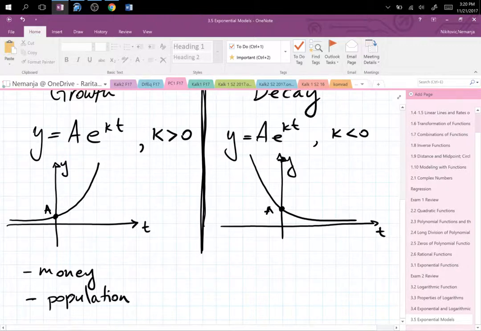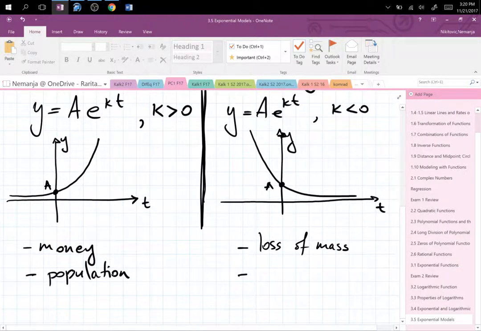So population growth. And on the decay side, we have loss of mass. Now loss of mass means radioactive decay, garbage decay, carbon C14 decay for carbon dating. So all of that stuff is there.